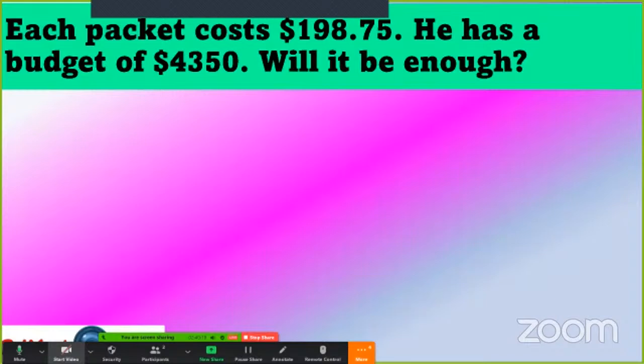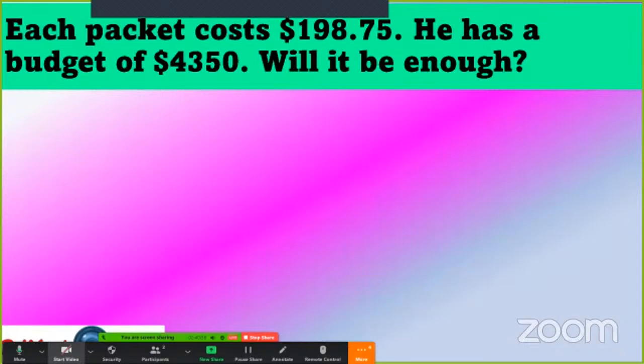So yes, and persons are saying that that would be less than the $4,350 that he has. Kelly says yes, his budget is enough. All right, guys. So indeed, he has enough money to buy those 19 packets and have some change left. So great job. That is definitely what I was looking for.